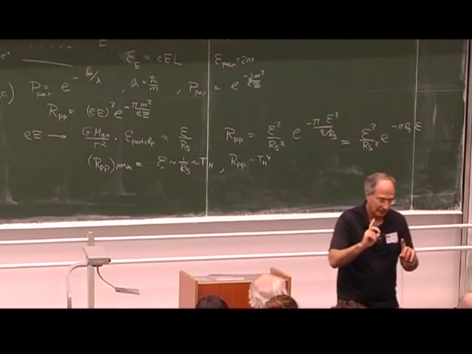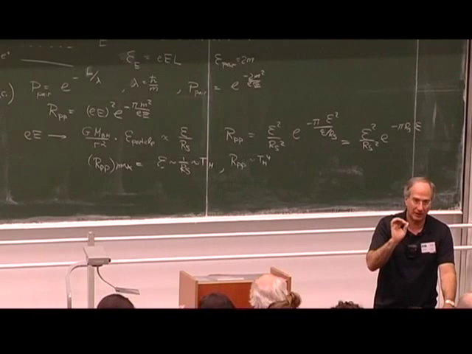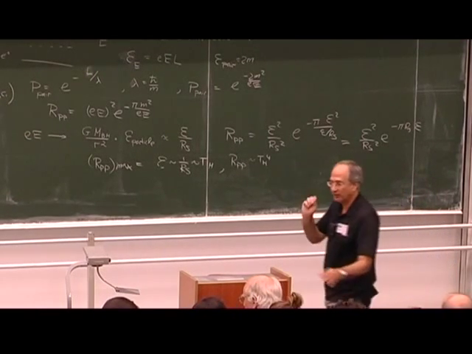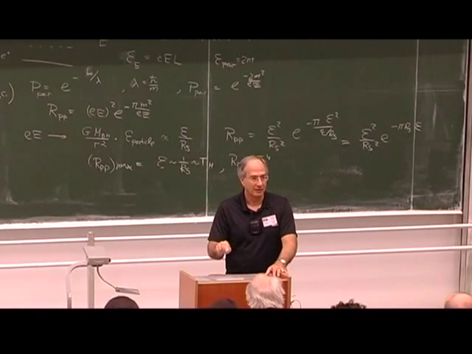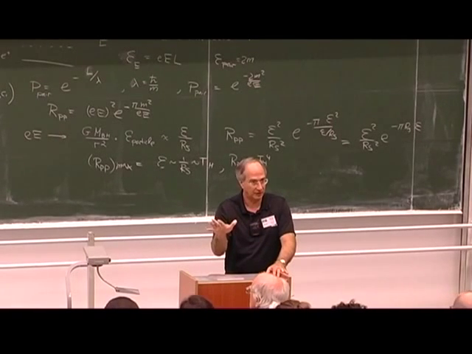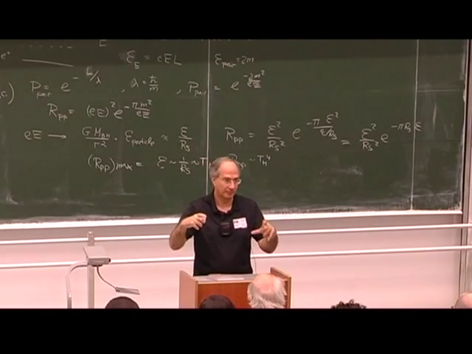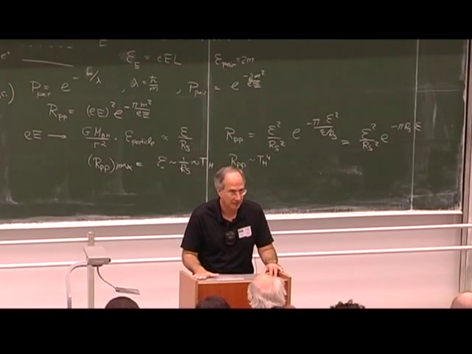For that, we need to be a little bit more precise about the definition of the equivalence principle. The equivalence principle states that if we do only gravitational experiments, so there are no other forces, and we look at a small enough region of space, gravitation and acceleration should be equivalent.